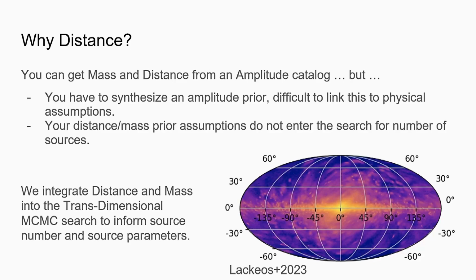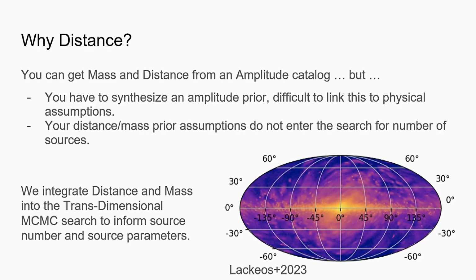So you can take an amplitude-based catalog from gravitational wave observations, and you can back out mass and distance. But this runs into some, not necessarily problems, but some troubles that you have to work through. Because it's a Bayesian approach, your search implicitly includes an amplitude prior, which is coming from some physical assumptions that you made about the population of galactic binaries, which is the thing you're trying to study in the first place.